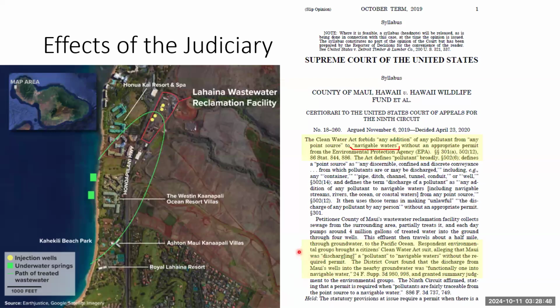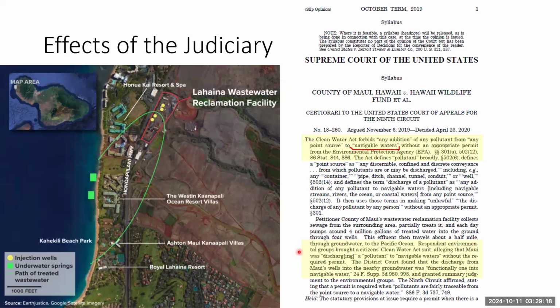and a recent addition to the idea of navigable waters called the significant nexus. The significant nexus rule comes to us from an Obama-era piece of legislation that stated that even if you have some specific non-navigable waterway, it could be connected to a navigable waterway through unseen water channels like groundwater, right?